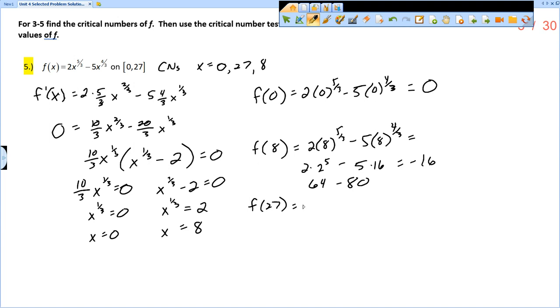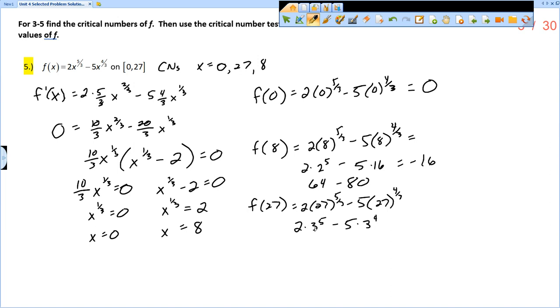Lastly, 27: 2 times 27 to the 5 thirds minus 5 times 27 to the 4 thirds. So for 27 to the 5 thirds, the cube root of 27 is 3, and then 3 to the fifth, minus 5 times the cube root of 27, so 3 to the fourth.